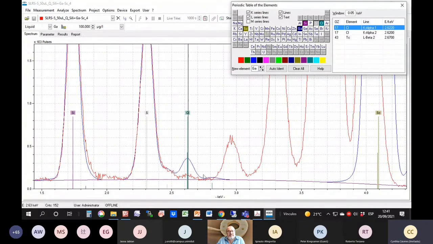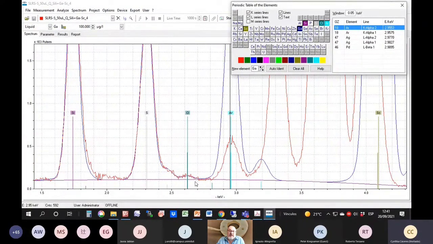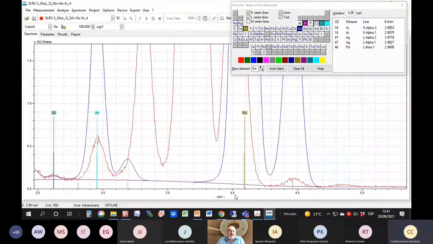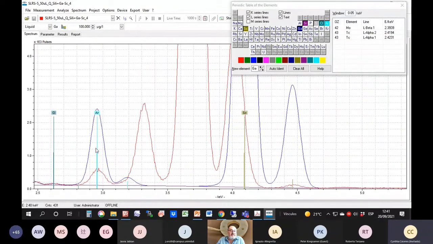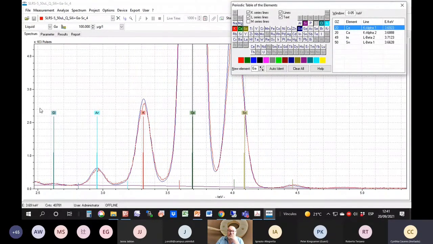Chlorine, we have very much, but this is argon. Argon is not good to evaluate, but if we apply potassium, now it's good. This is a problem of integration, because it simultaneously identifies the element, introduces a profile and minimizes the area. But there is potassium, I'm sure. There is calcium, sure.